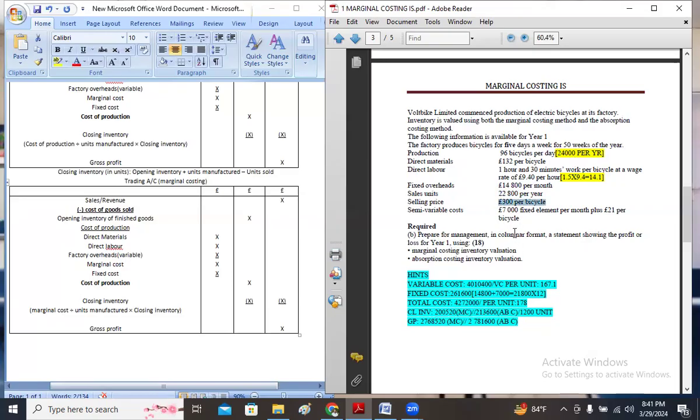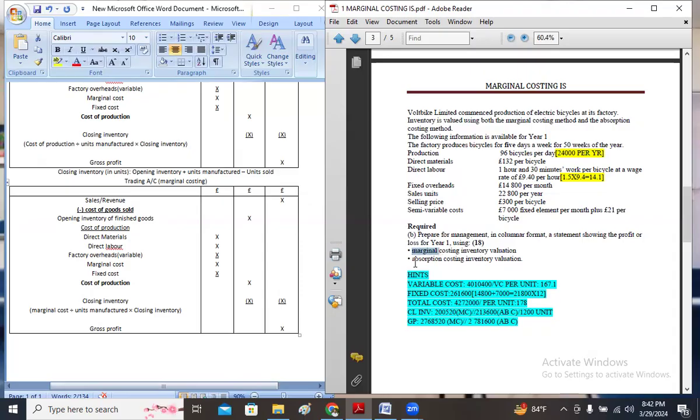That will be the total sales. And semi-variable, that means a fixed cost element is there, and also variable cost. For example, 7,000 fixed element per month, that means 7,000 into 12, plus 21 per bicycle, that is 21 multiplied by the production, that is 24,000.